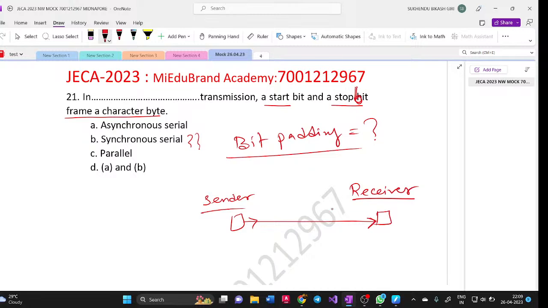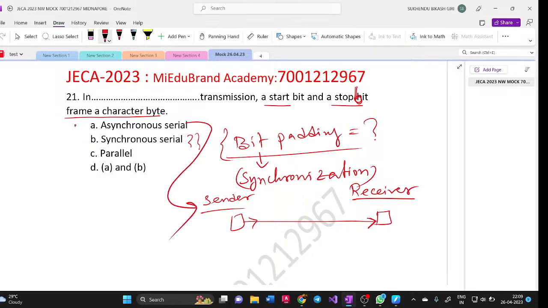In this case, we use bit padding to make it an integer multiple for synchronization. So bit padding is required for synchronization in asynchronous transmission. Concept clear? So the right answer is option A.